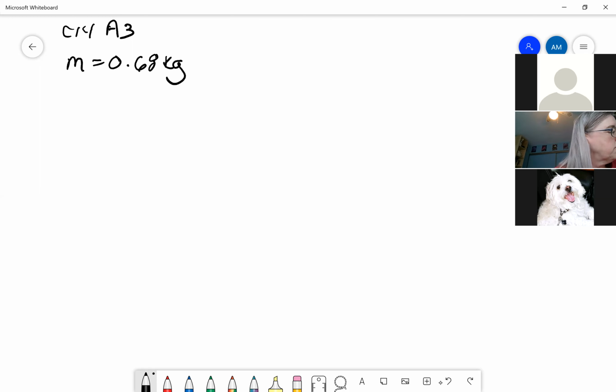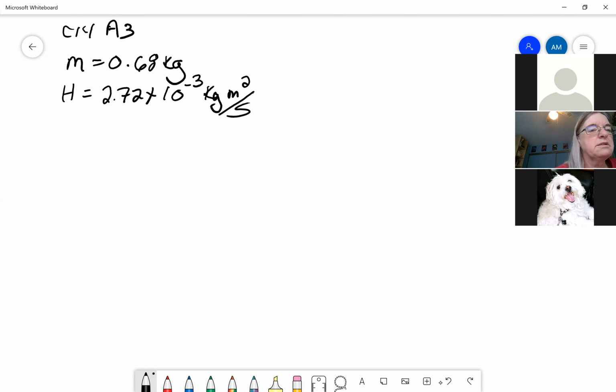Always a good thing to write down what you're given. H, angular momentum, is going to be 2.72 times 10 to the minus 3 kilogram meters squared per second.